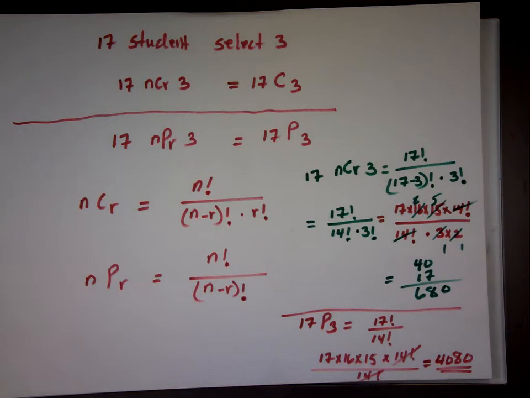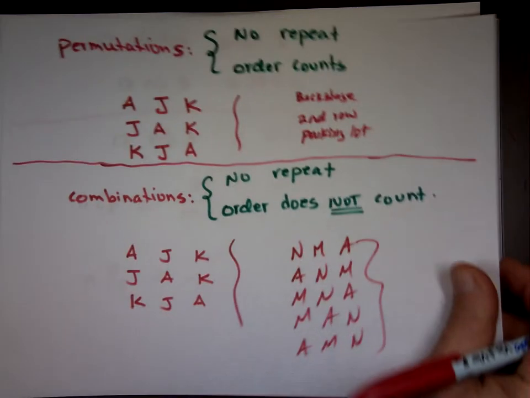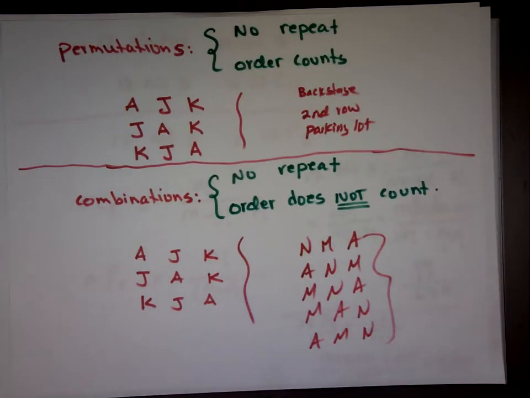Now, a lot of times you hear the word without replacement with these problems. I wonder why they say without replacement. Anyone knows why? When we talk about NPR and NCR, you hear the word without replacement mentioned with them. That goes back to this slide. Without replacement.